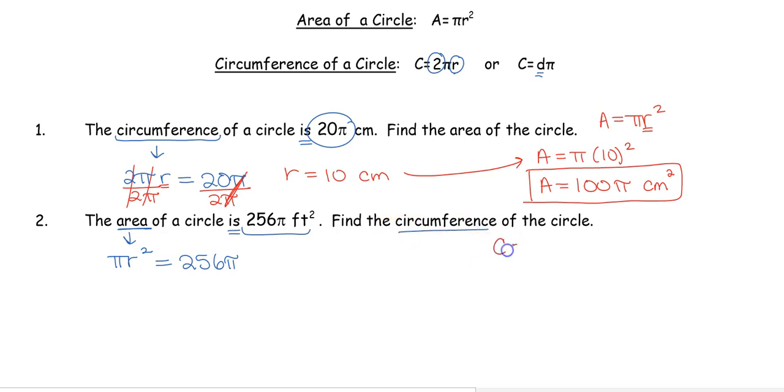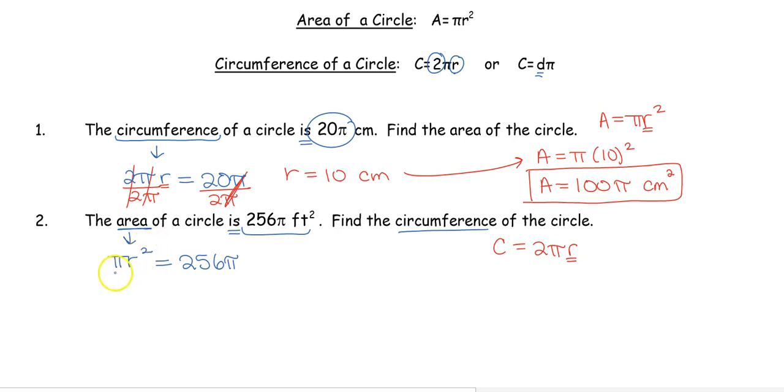Circumference is found by 2 times pi times r. So once again, the piece of information I need in order to find that circumference is the radius. So I'm going to use what I'm given to work backwards to find the radius value that gave me that area.